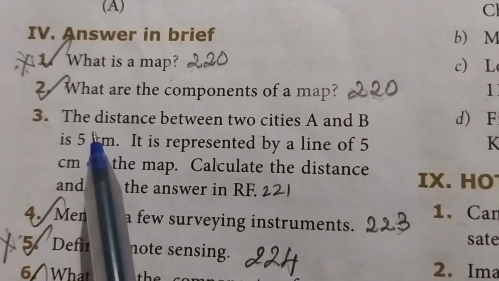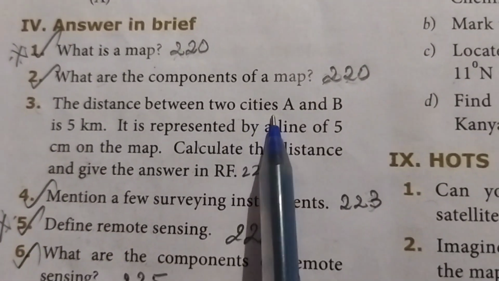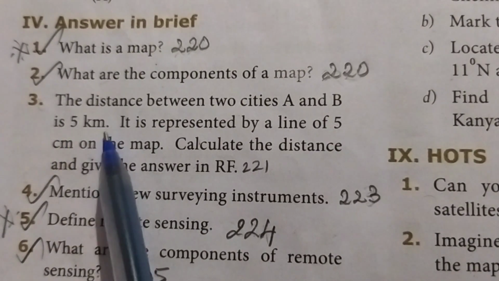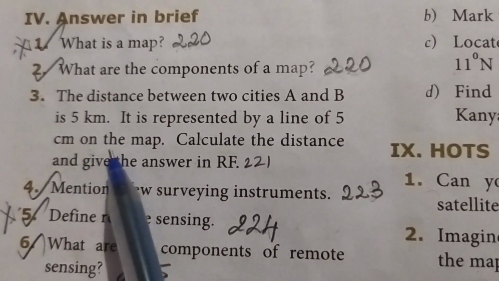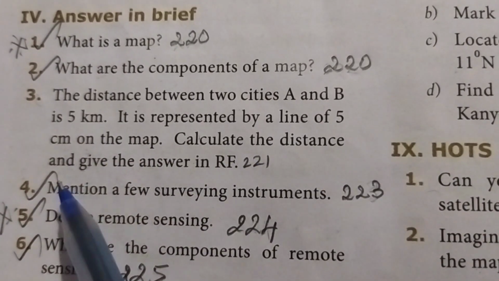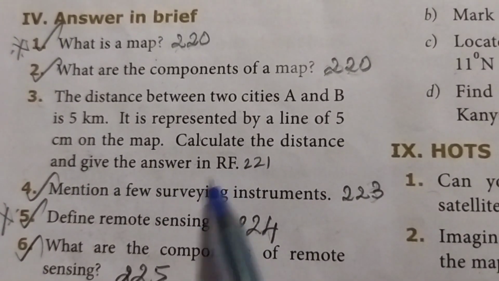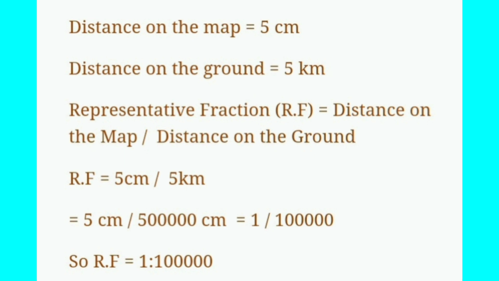Third question, the distance between two cities A and B is 5 km. It is represented by a line of 5 cm on the map. Calculate the distance and give the answer in RF. Answer, distance on the map is equal to 5 cm. Distance on the ground is equal to 5 km.